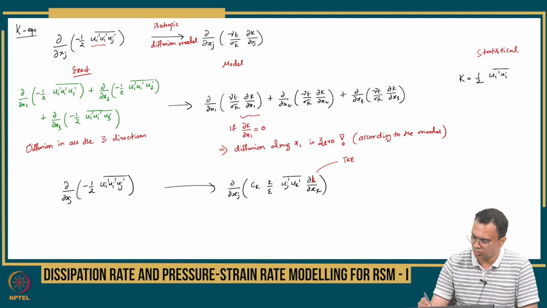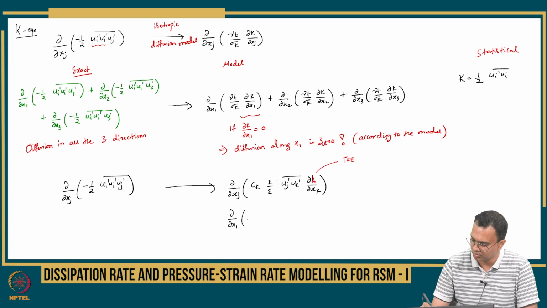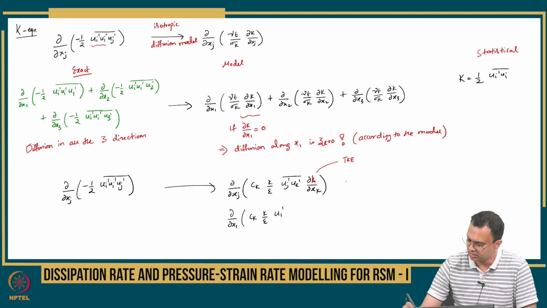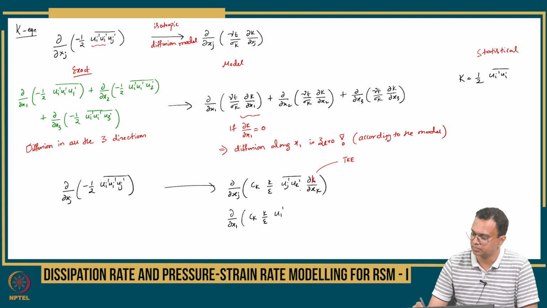So now let's see what happens if I expand this. Upon expansion, let's take the dou x1 term. I get dou by dou x1 of ck k by epsilon u1 prime uk prime dou k by dou xk, and k is repeated, so this is actually a sum of three terms in just one direction.